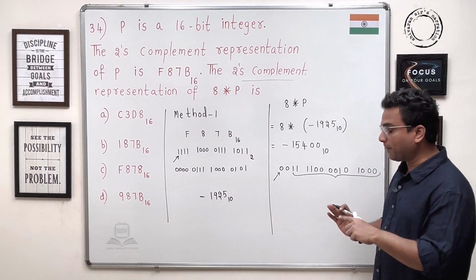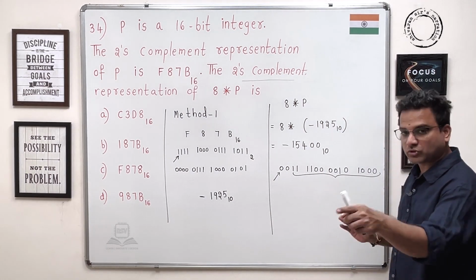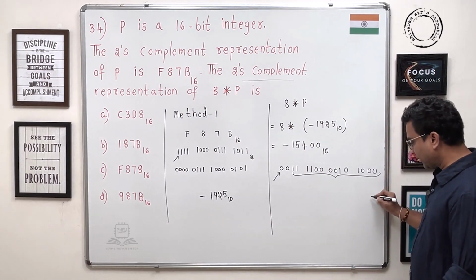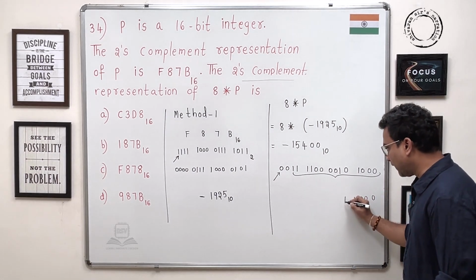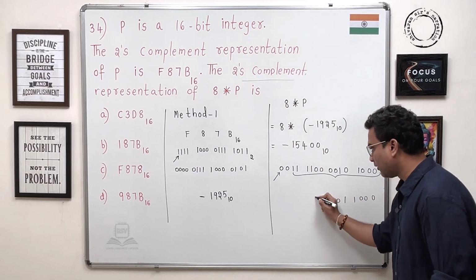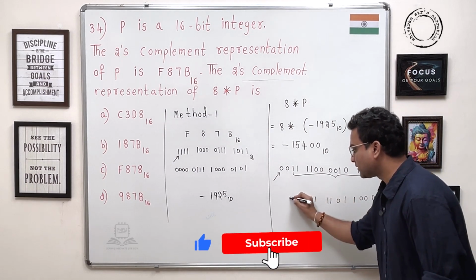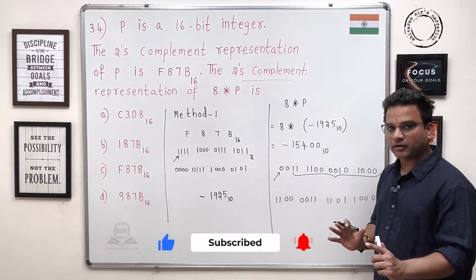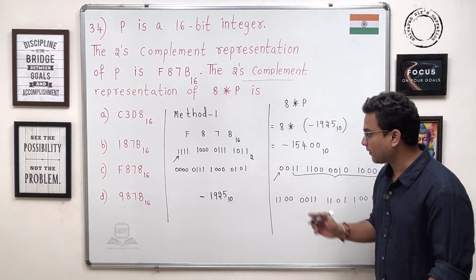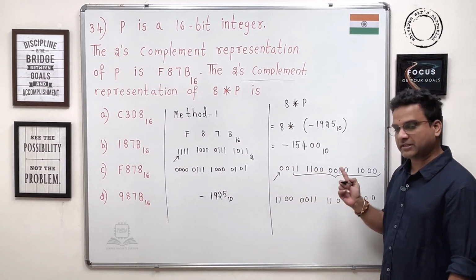Again we need to apply 1's complement, 2's complement. Therefore it is 0001, then 1011, 1100, 0011. This one guys. So we got the 2's complement representation of minus 15400 base 10.